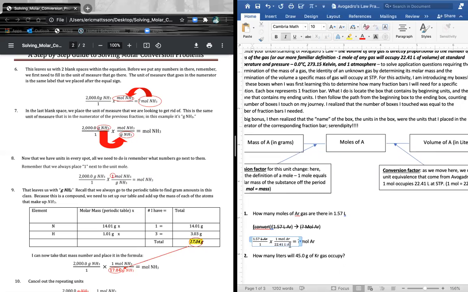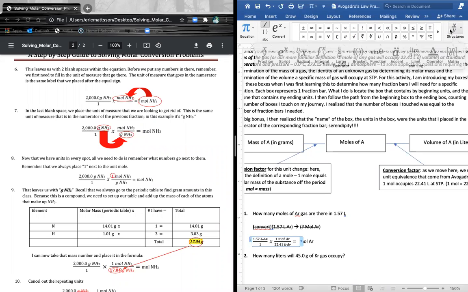Now I'm able to cancel out these units. So I can cancel that part out. And now I just multiply across. So I go to the calculator and get rid of this. I just do 1.57 times 1 at the top. Put another fraction bar in there.